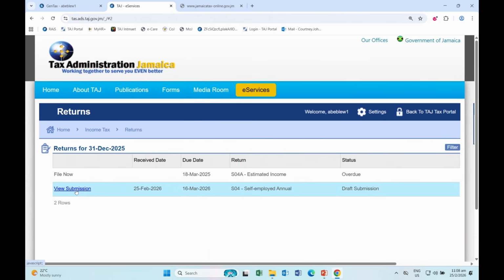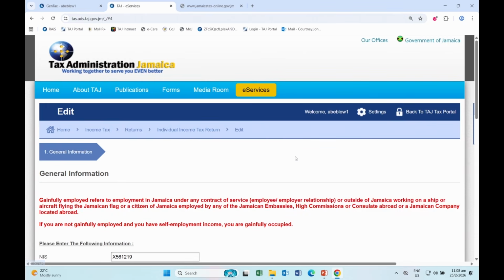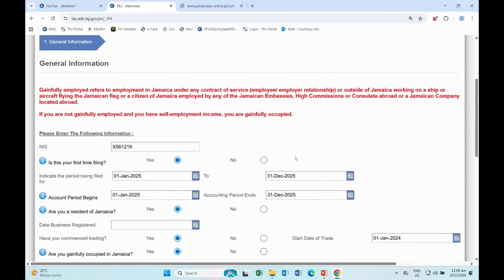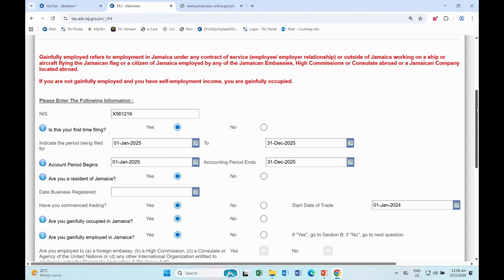All right, so for preparation for this, I'd already populated some information in the interest of time. So we're just going to go back to editing that information. So when you click the File Now option, this is the general information page that is presented. Now, the general information page is very important.